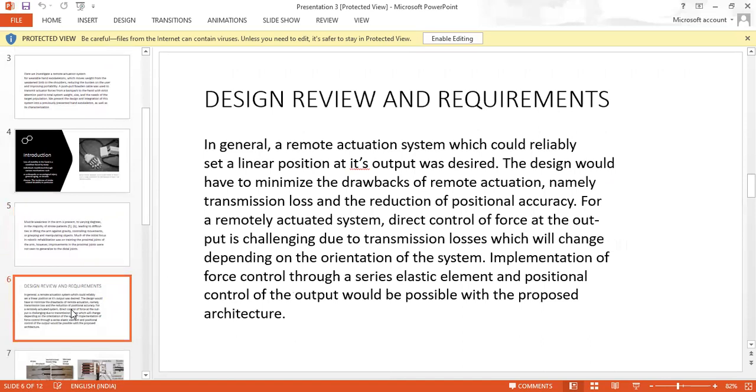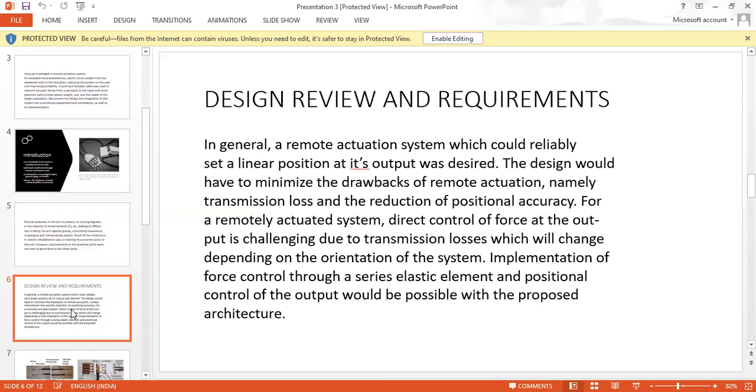The design and requirements. In general, a remote actuation system that could reliably set a linear position at its output was designed. The design would have to minimize the drawbacks of remote actuation, namely transmission loss and the reduction of positional accuracy.